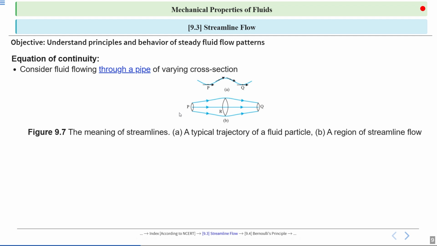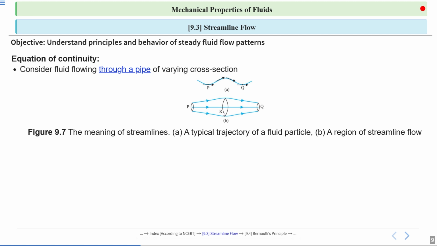Alright. So figure 9.7 shows fluid flowing through a pipe that changes in width. Here look at the streamlines. These lines show the path that fluid particles follow. So in figure A, in part A, you see a single particle path, and in part B, you see a region where the flow is smooth and steady, which we call streamline or laminar flow.